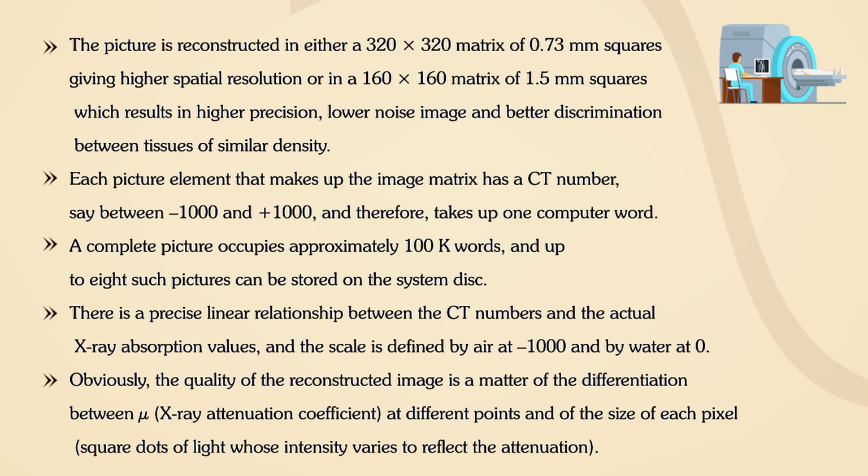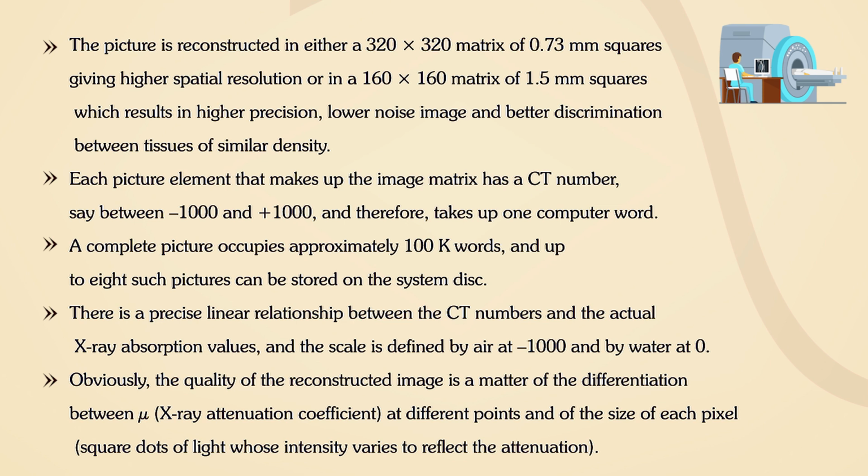There is a precise linear relationship between the CT numbers and the actual X-ray absorption values, and the scale is defined by air at minus 1000 and by water at 0.